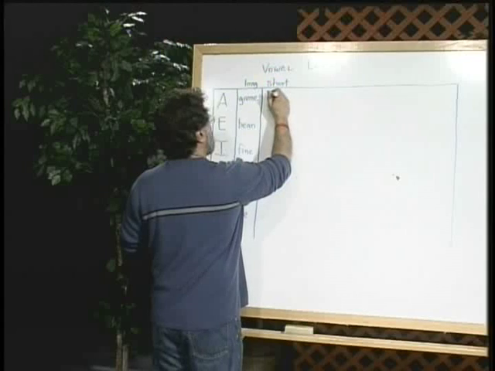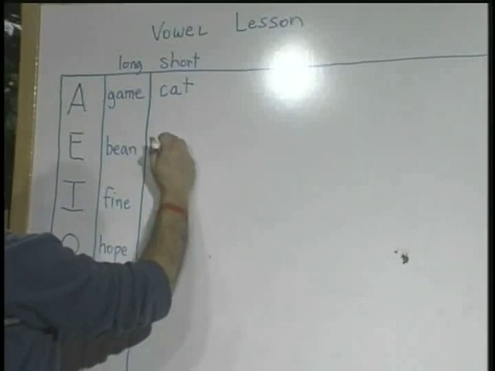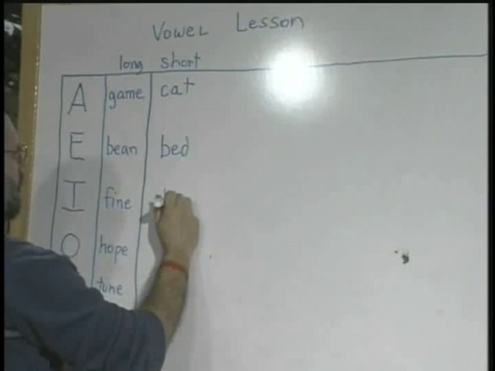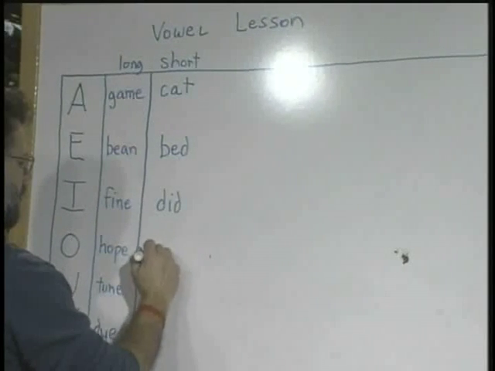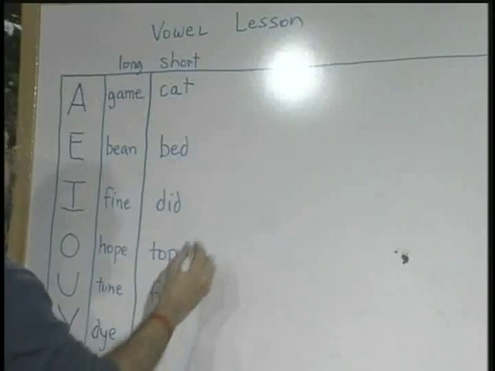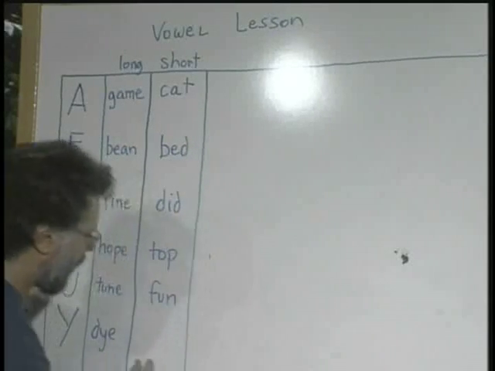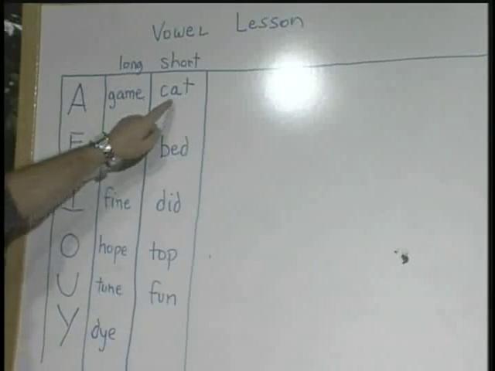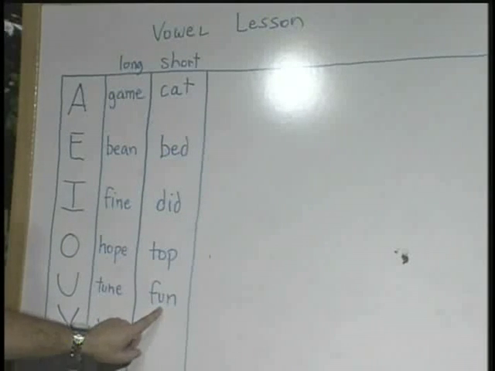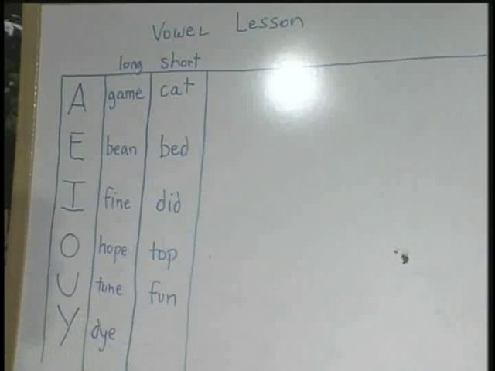Now we'll talk about short vowels. Okay, so the short vowels are A, E, I, O, and U. So we have cat, bed, did, top, fun.